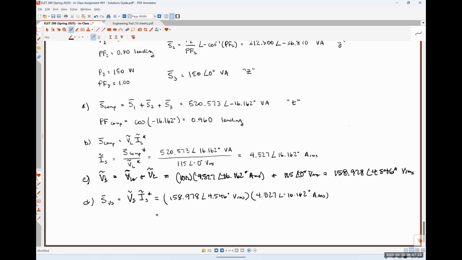And when I put that into my calculator, let me store that as B. So B multiplied by the conjugate of what I had stored as A.